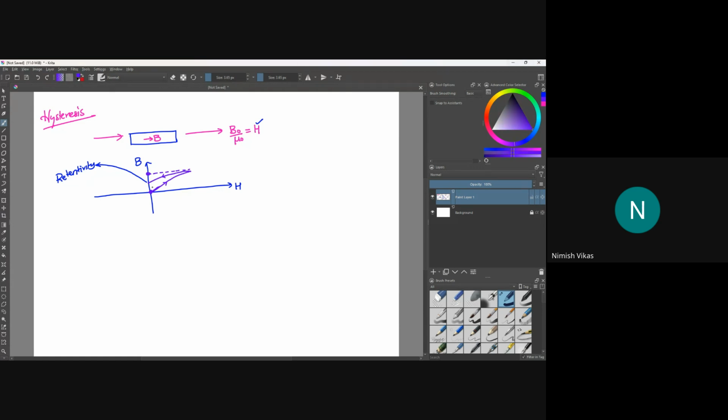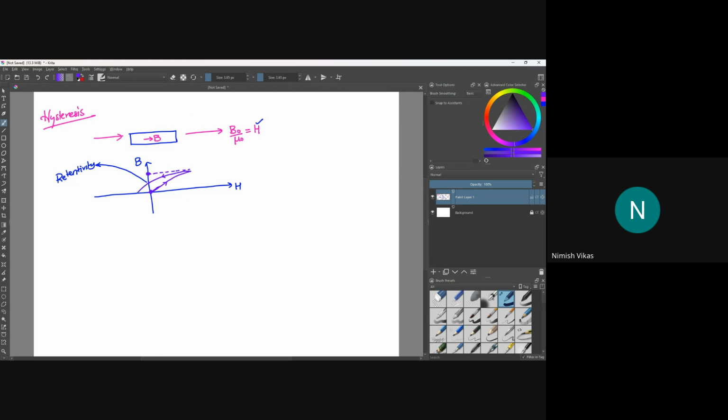Now, whatever magnetic field is retained, I would like to make it 0 completely. So what I'm going to do is revert the direction of H. I'll make H negative, which means H is now in this direction. That will make sure that whatever alignment of domains has happened inside the material goes away.